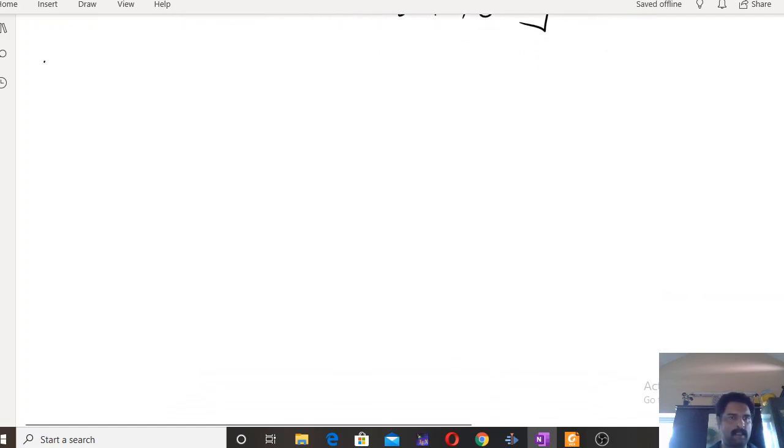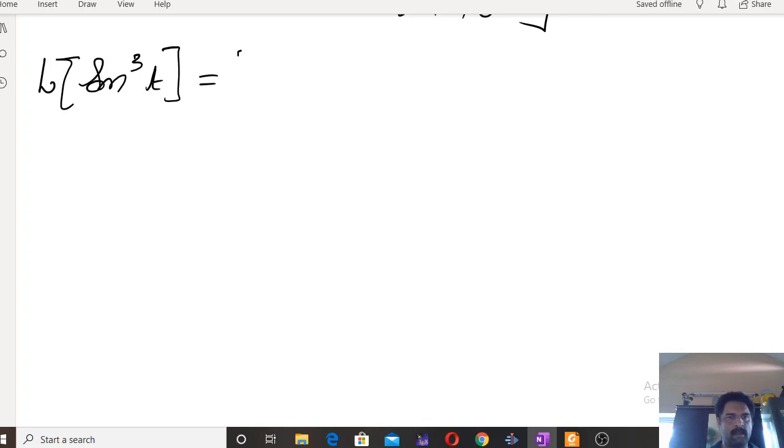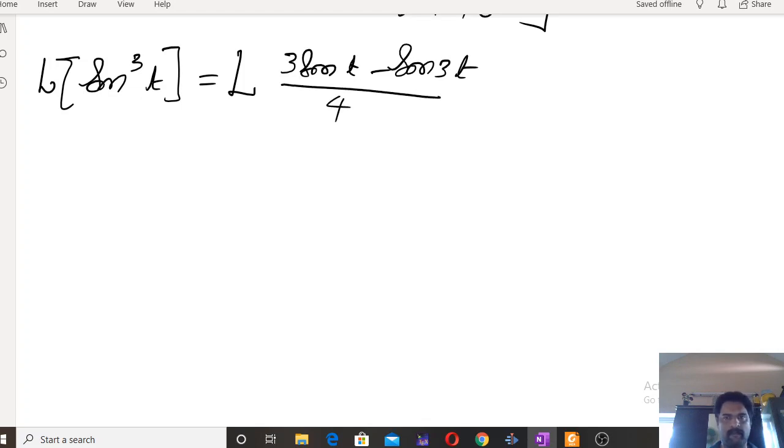So let's consider the Laplace transform of sin cube t. Sin cube t is equal to (3 sin t minus sin 3t) divided by 4.